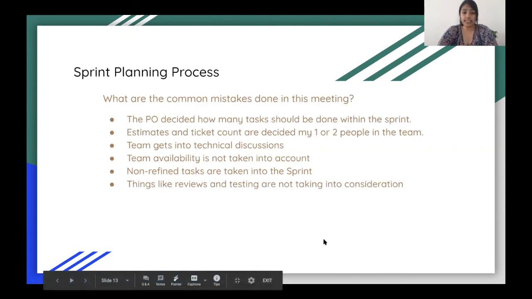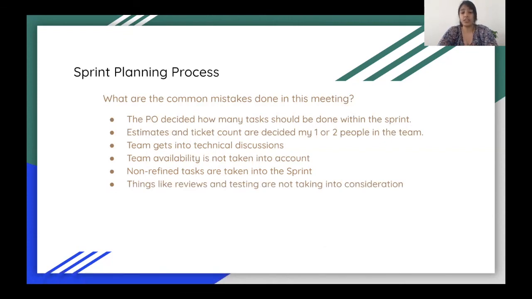And the last one is that things like reviews and testing are not taken into consideration while setting your sprint goal and sprint capacity. What most people do is, if we have 10 days in our sprint, that's 2 weeks, you take in enough work that keeps your engineers engaged from the first Monday of the sprint beginning till the Friday where your sprint ends.